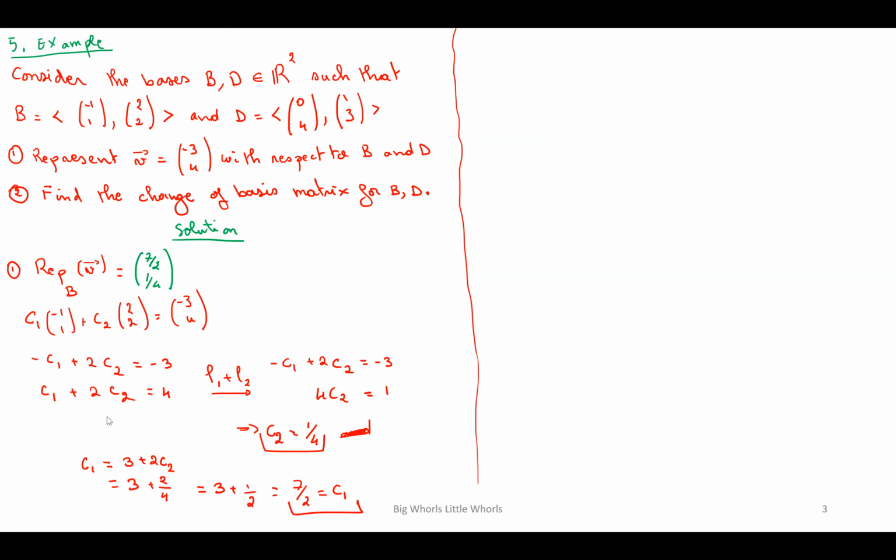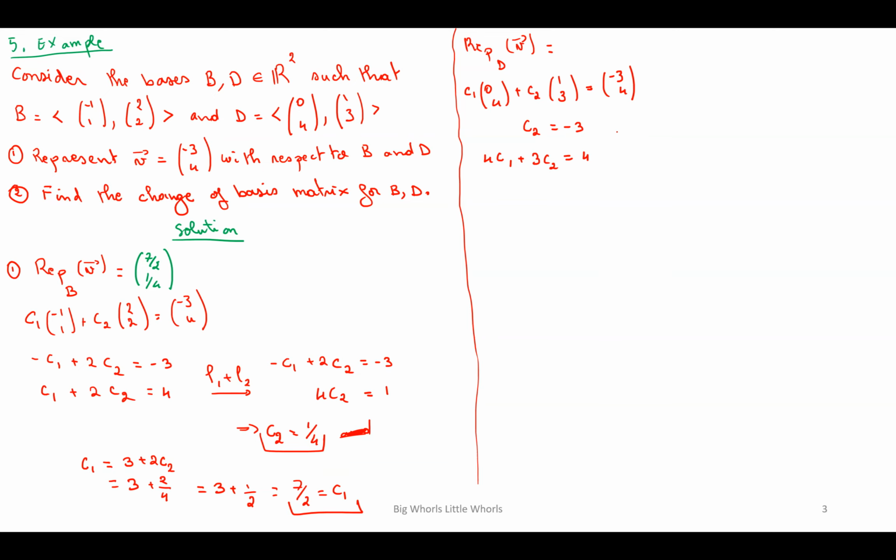So now let's find the representation with respect to D of the vector V. So we are going to take a linear combination of the elements in the basis D. So we have C1 (0, 4) plus C2 (1, 3) equals (-3, 4). So we have C2 equals -3, and 4C1 plus 3C2 equals 4.